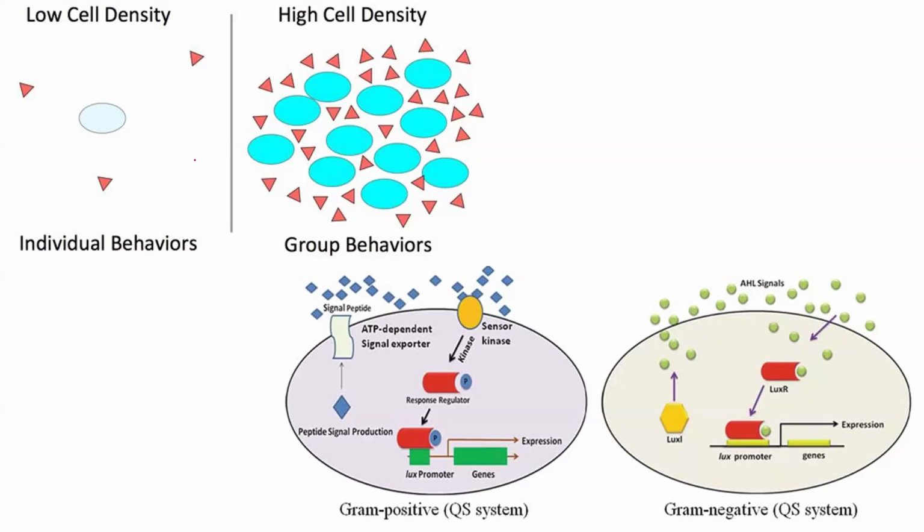The general concept of quorum sensing is exhibited up here, whereas the ability to form a quorum is having enough individuals to make a decision. As you have low cell density, you only produce small amounts of a particular molecule, but the more individuals you have, the more molecules you produce, which can induce group behaviors.